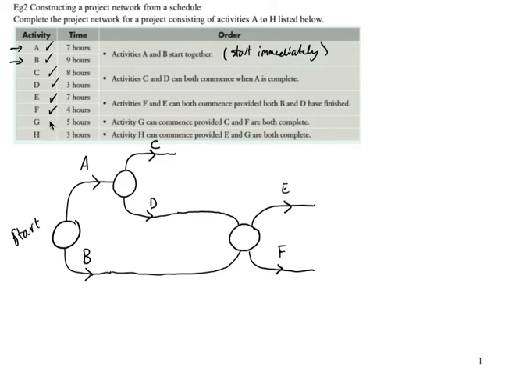Now activity G says that activity G can commence provided both C and F are complete. So C is all the way over here, and so is F. Now this circle I'd recommend drawing to the right of your last arrow. So see how this arrow is here? If I draw my circle here, then it's easy for this arrow to tie into that circle and this arc to tie in.